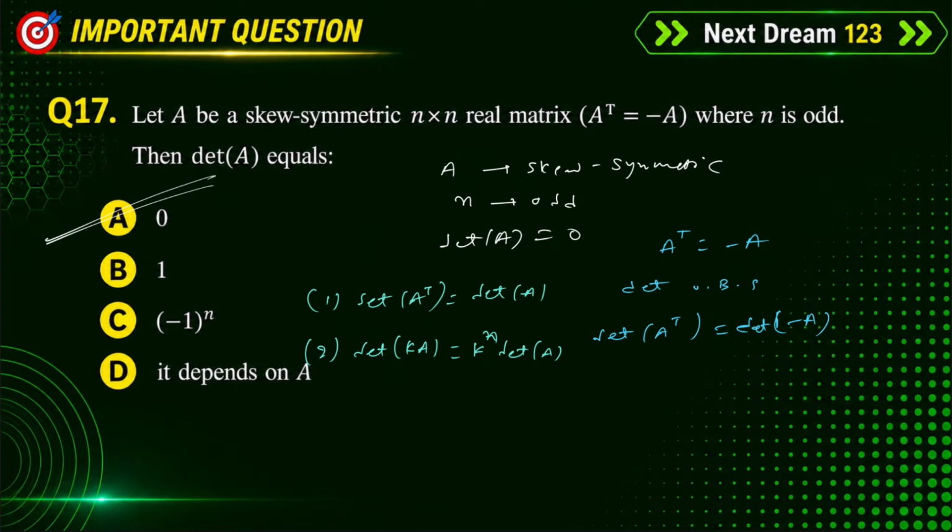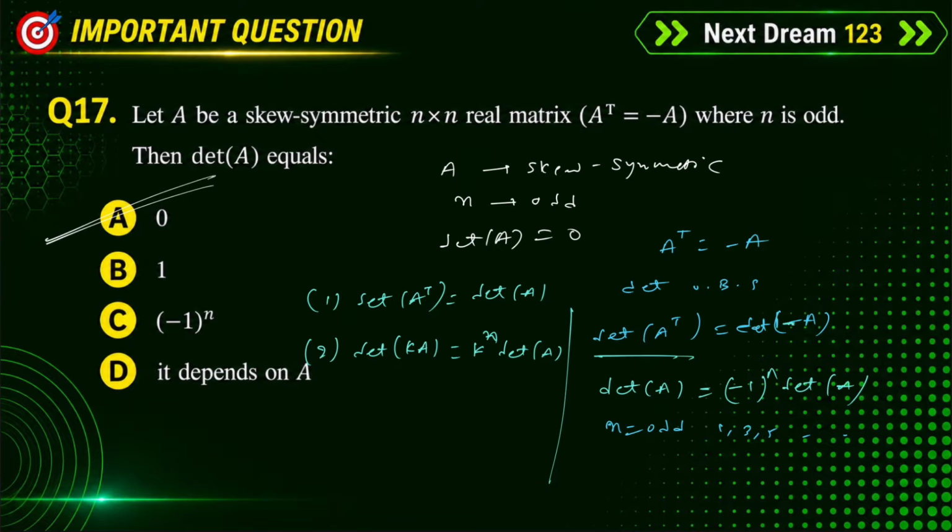By applying this property, in place of this I will write determinant of A. If you take minus outside, it can be written as minus 1 power of n into determinant of A. If you observe, n is odd, that is n equal to 1, 3, 5 like this.